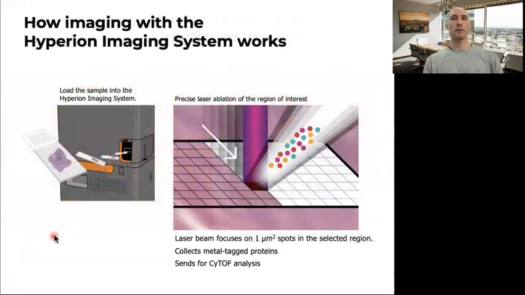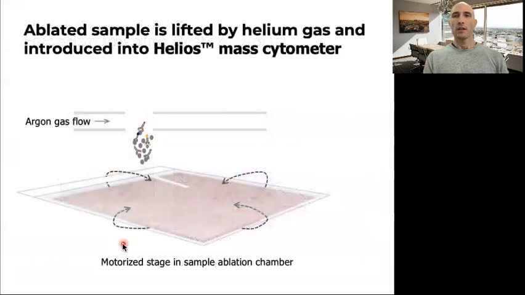So I don't want to bother you describing in detail the technology. Probably for the time being, it will be enough to say that Hyperion has a UV laser inside, and that this UV laser ablates the tissue at a precise 1 micron, meaning the resolution of the instrument is 1 micron.